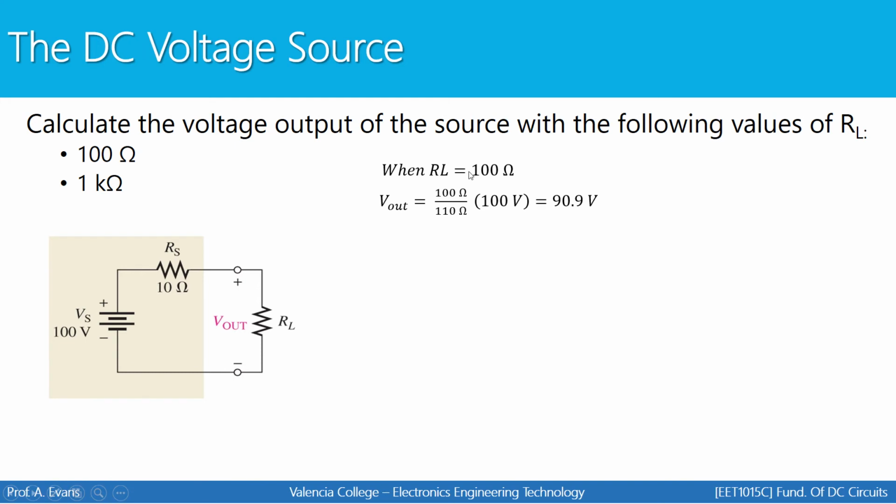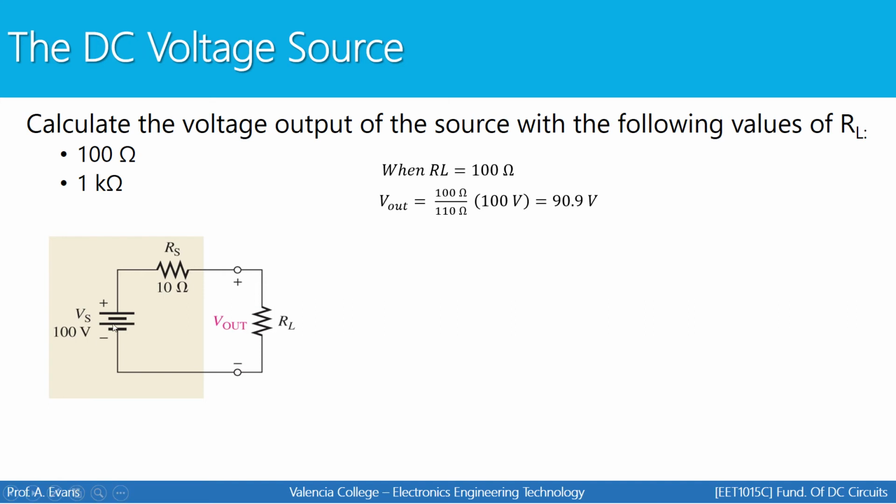When the load resistor is 100 ohms, we can perform a voltage divider to figure out the voltage out across the load. We can set up that voltage divider to be 100 ohms on the top because that's the value of RL, divided by the sum of both RS and RL, which would be 100 plus 10, which is 110, and then we're going to multiply by our source voltage, which is 100 volts.